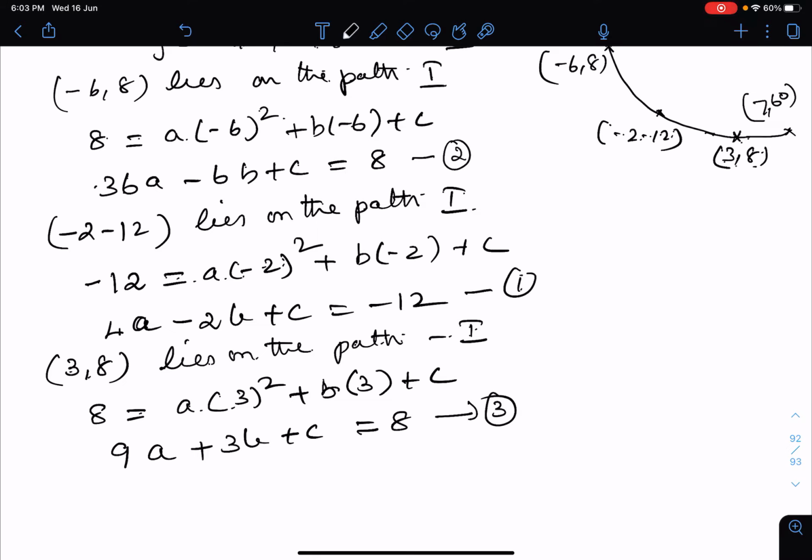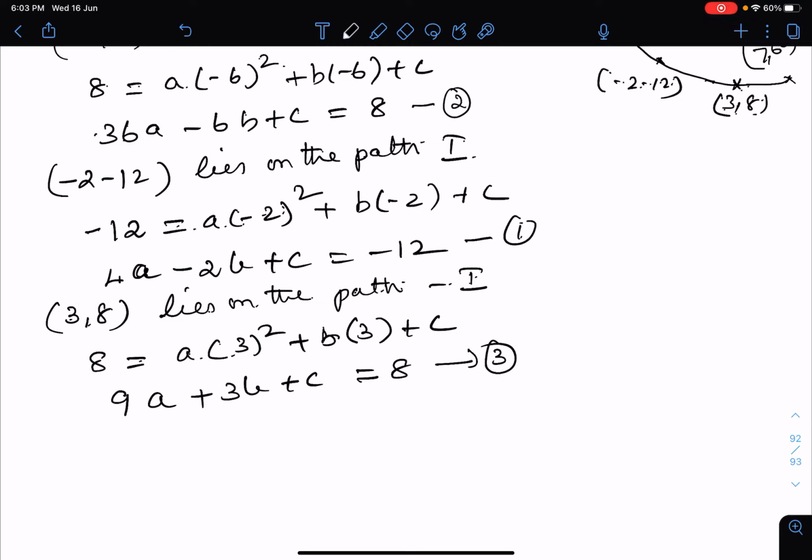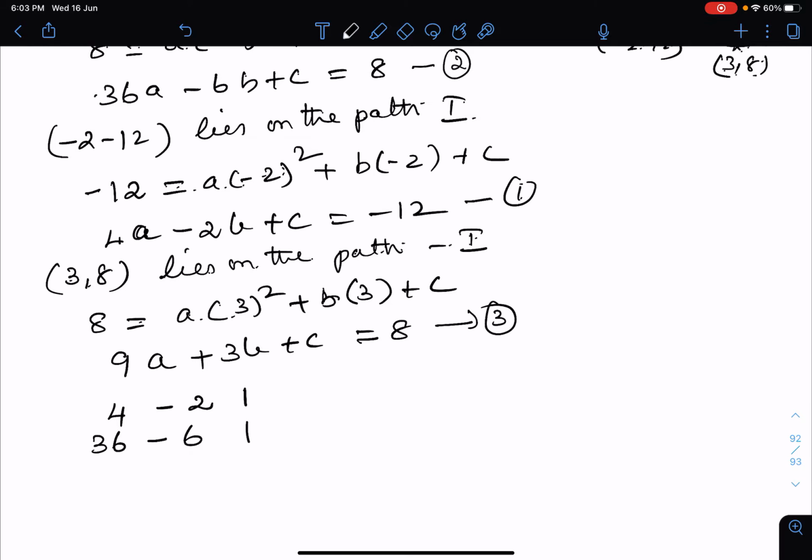Now we can write our Ax equal to B. What are our first equation coefficients? 4, minus 2, 1, and second equation 36, minus 6 and 1, and our third equation 9, 3 and 1.